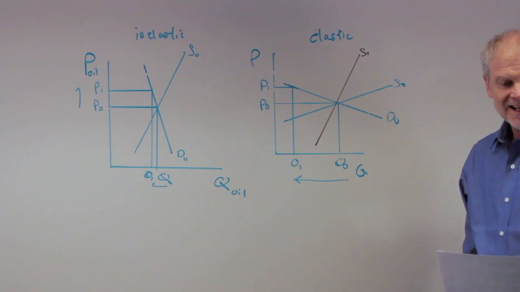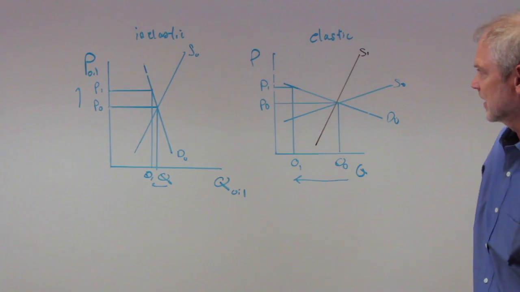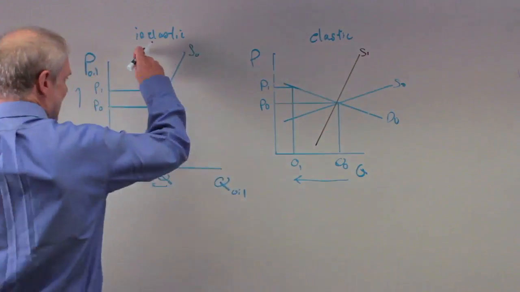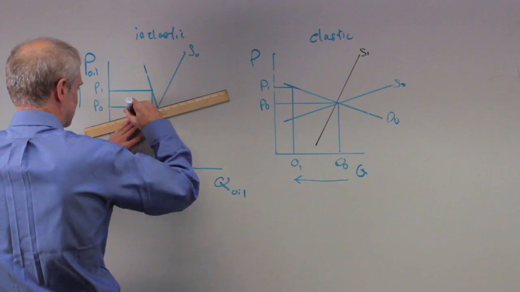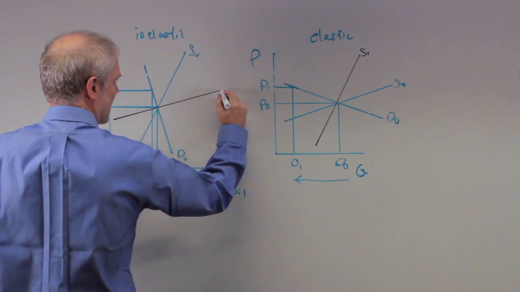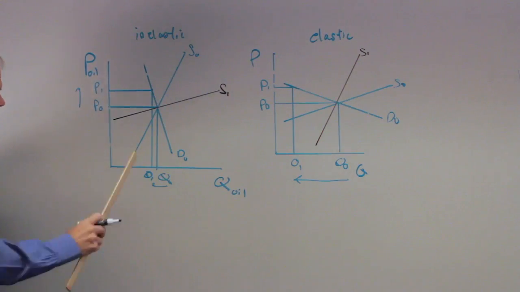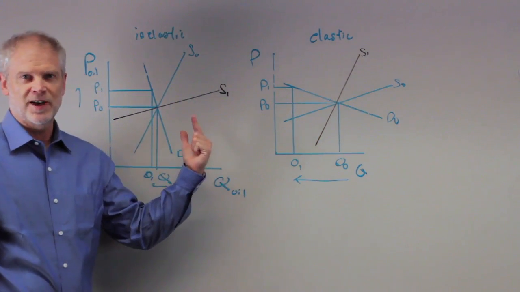The last one is D: demand is inelastic and supply is elastic. So now demand, they're saying, is inelastic and supply is elastic. It looks something like this. Call this S1. Well, again, we've got the demand curve right. That's relatively inelastic. But we don't have the supply curve right.